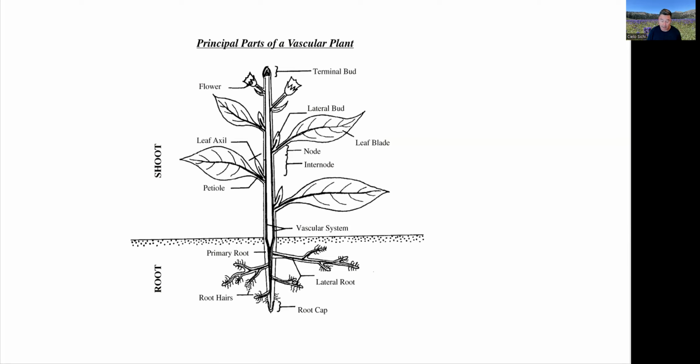So we'll talk a lot about this, but might as well mention it because it's fun and exciting. Root hairs are actually a single cell. It's a modified single cell. And that is where water and nutrients are taken up through the roots. Okay, so basics of dicot plant parts. Again, we're only going through dicots right now.